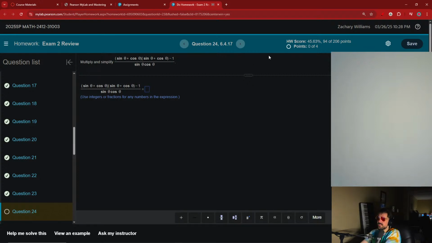Okay, first thing is the FOIL thing: sine squared plus sine cos. I have to remember it.